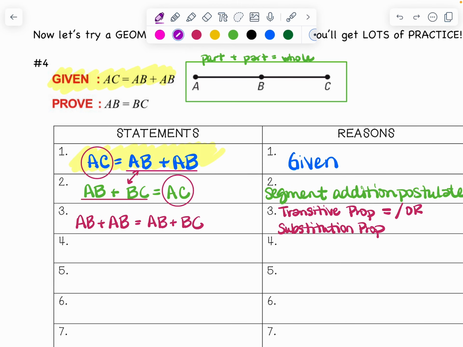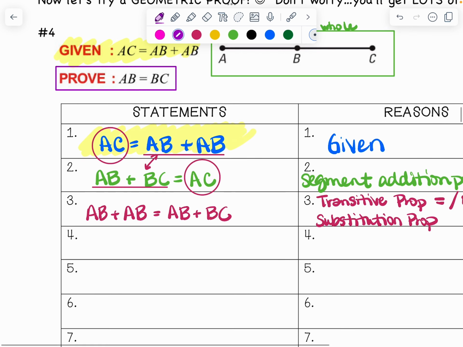All right, and then next up, remember our goal. I should have mentioned this earlier, we should always look at the proof statement. I totally blew past it. We're trying to get AB equals BC all by itself. AB equals BC. Well, looky here. AB equals BC. So we have everything we need. We just have too much. So you'll notice that we've got to get rid of the ABs on both sides. Well, we know how we can do that.